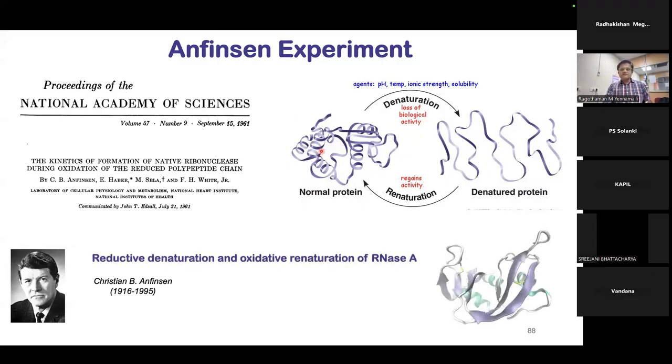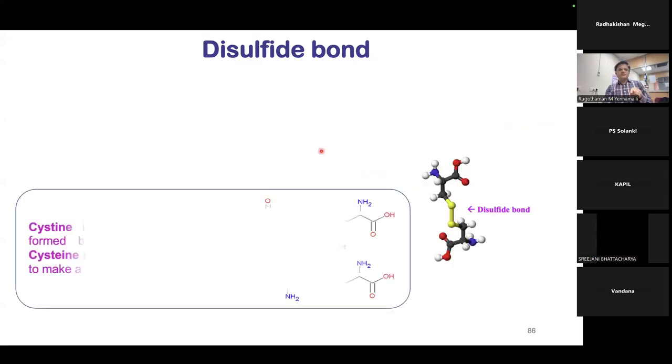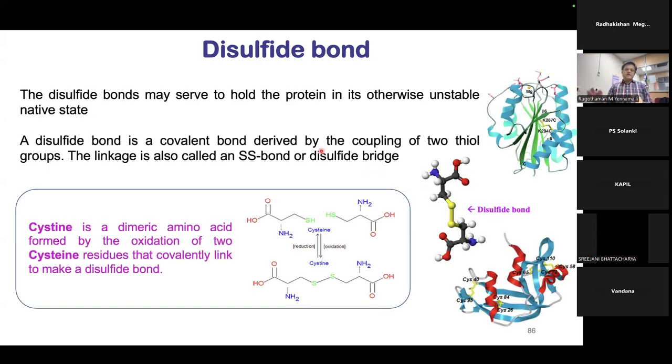And he found that this particular ribonuclease does that because the disulfide bonds in it dictate how the bonding has to happen. Now I'll go back to this. What is a disulfide bond? It is made between two cysteine residues, or two cysteine amino acids.